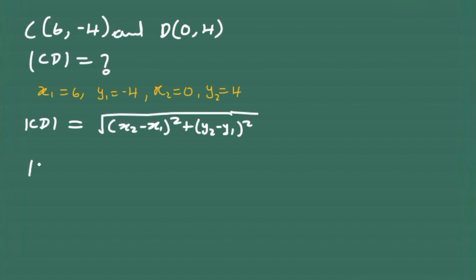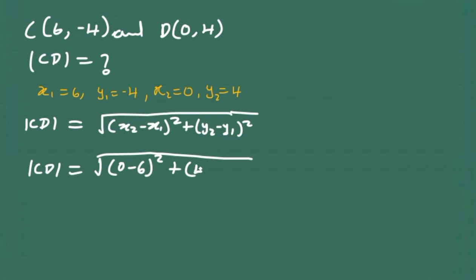So the distance CD is equal to the square root of x2, which is 0, minus x1, which is 6, squared, plus y2, which is 4, minus y1, which is minus 4, squared.